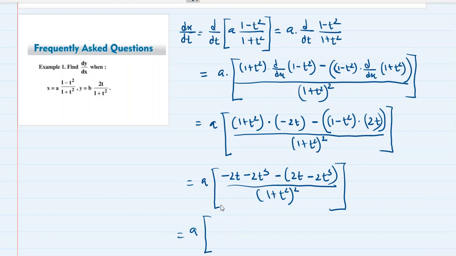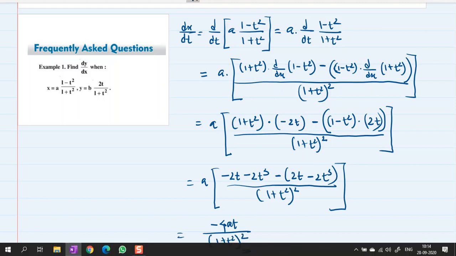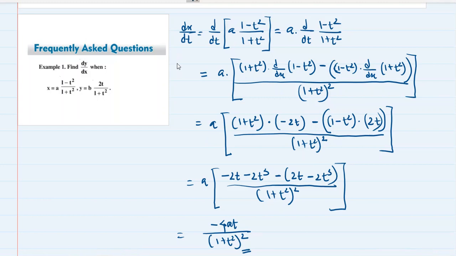Okay, when you open the bracket, you will get minus 2t cube plus 2t cube, which will get cancelled, and minus 2t will become minus 4t, and this a will get multiplied inside with that minus 4t, and it will become minus 4at. So finally we get minus 4at the whole upon 1 plus t square the whole square. So this is the final value.